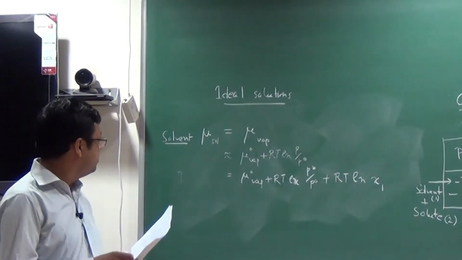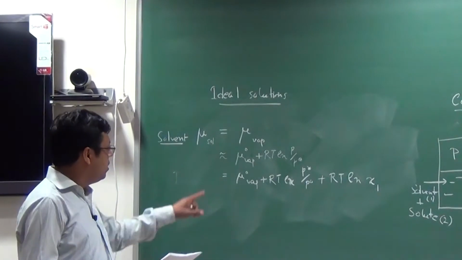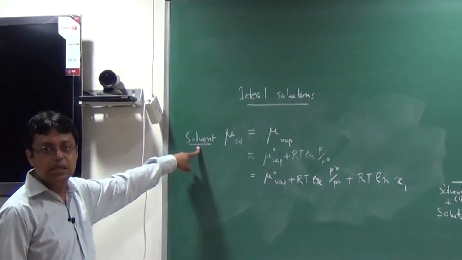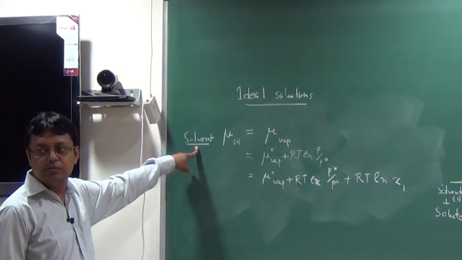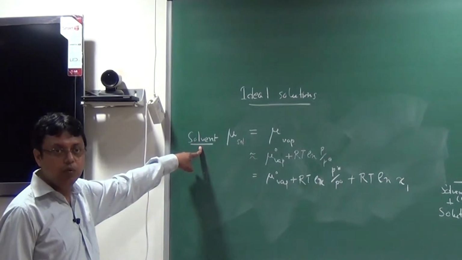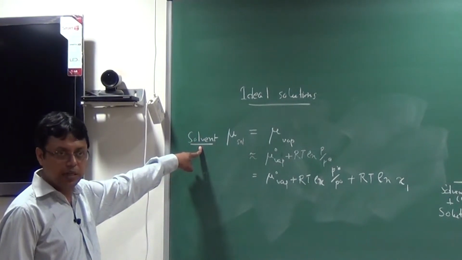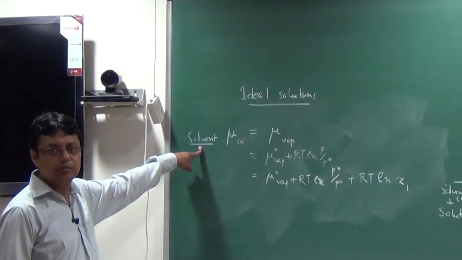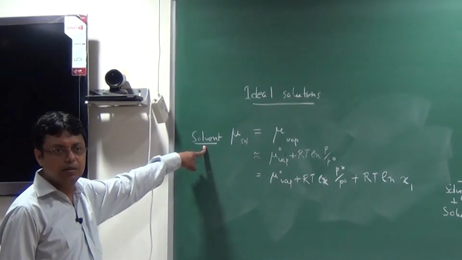Now let us think about it. This is for the solvent in a solution, right? So what will be the mu of the solvent if it is in a pure condition? It will be just mu star, isn't it?